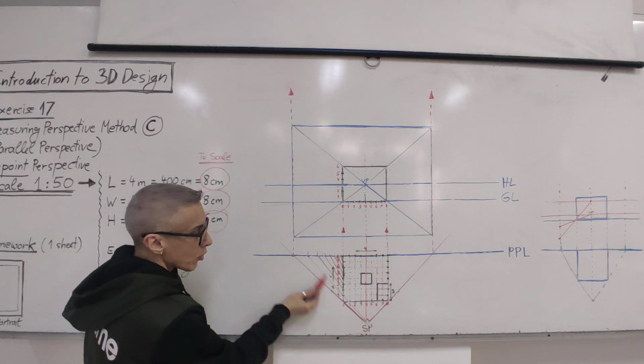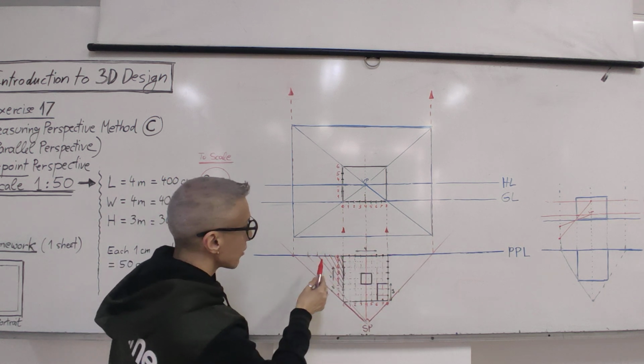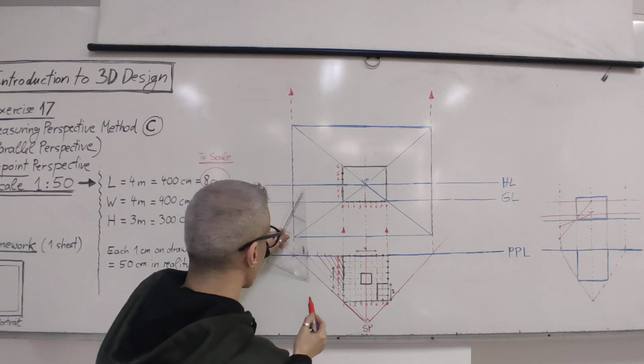So now from all of these, wherever they touch the picture plane line, we will put straight lines up and see where they will intersect with this line.